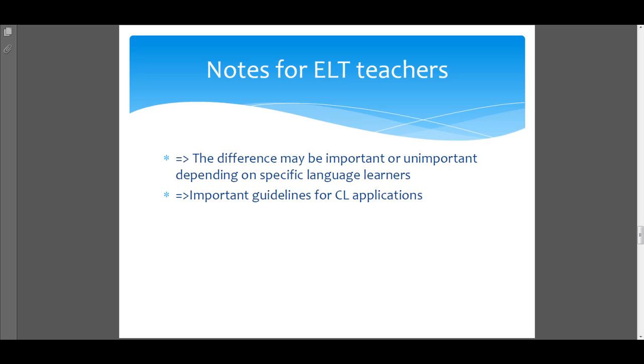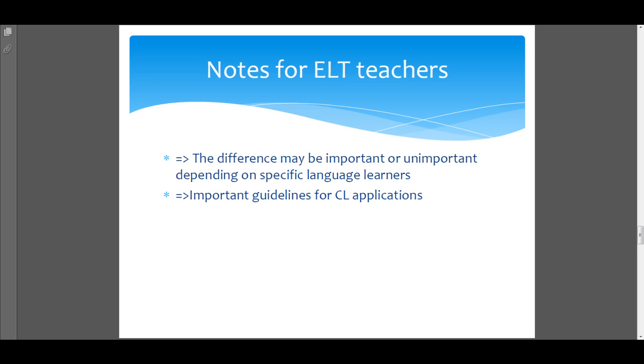For example, the noun phrase order can be difficult for Vietnamese learning English, but it's not difficult for Chinese learning English because their noun phrase structure is basically similar.